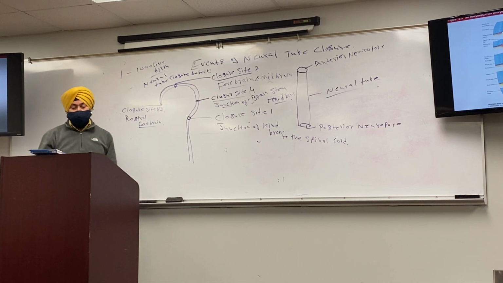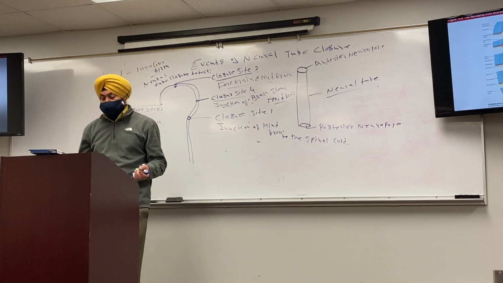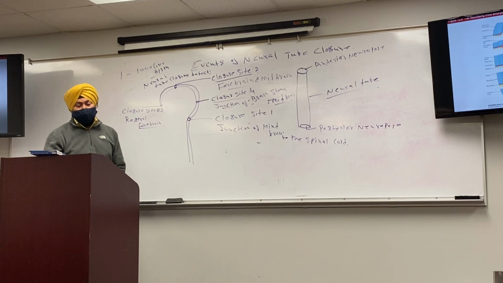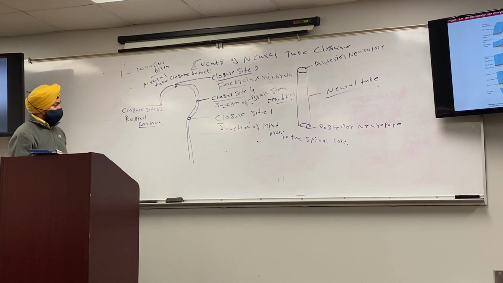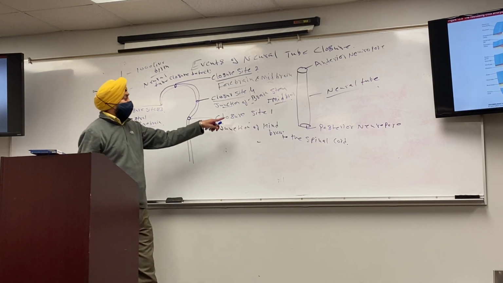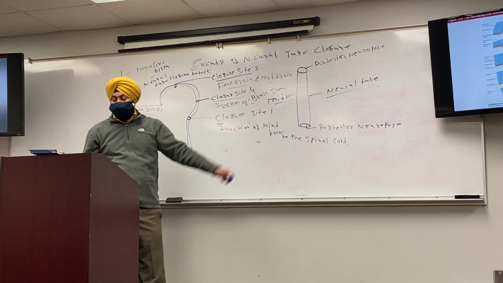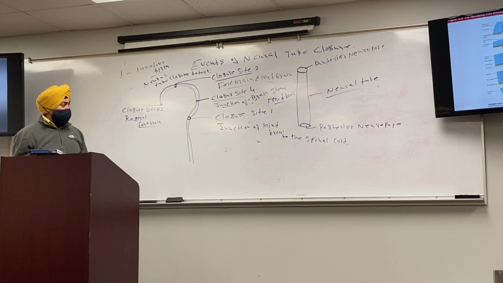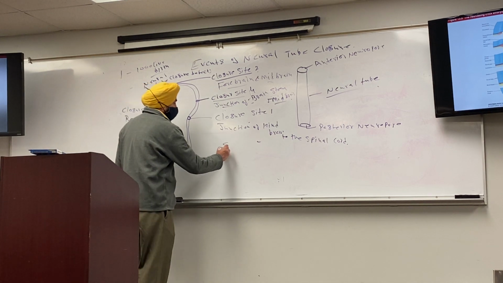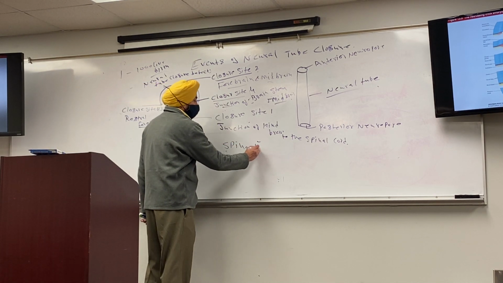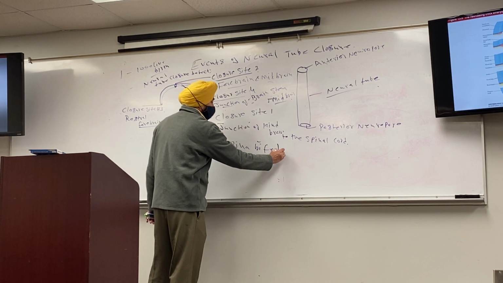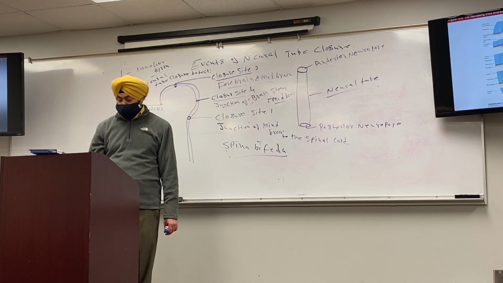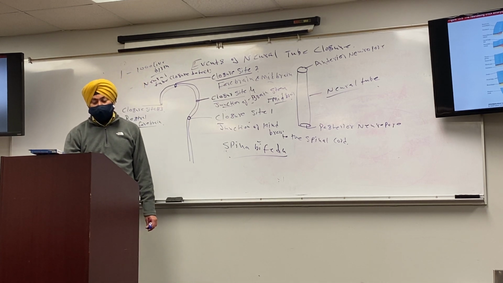If the neural tube doesn't close properly, then you will have neural tube defects. Now, the most important defect occurs at site number 1. That is very common, and that leads to spina bifida.